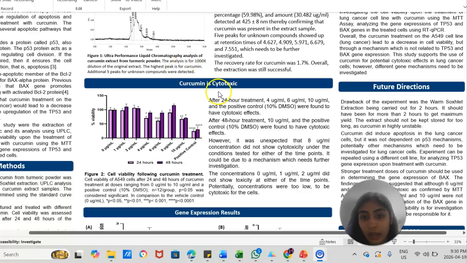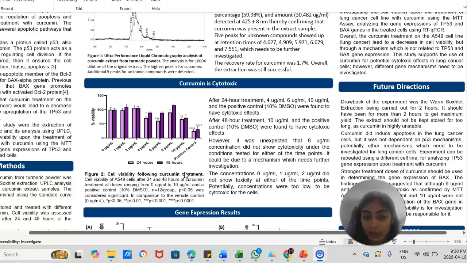Now, moving forward to cytotoxicity of curcumin, I was testing it using MTT. As I said previously, I did it over two different time points, 24-hour and 48-hour. I tested doses between 0 to 10 microgram per ml. 0 microgram per ml is my vehicle control, and I had 10% DMSO as my positive control.